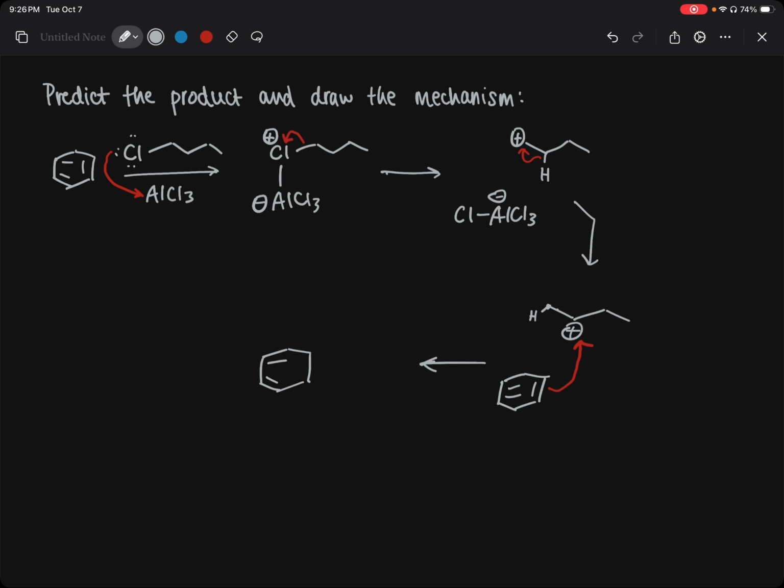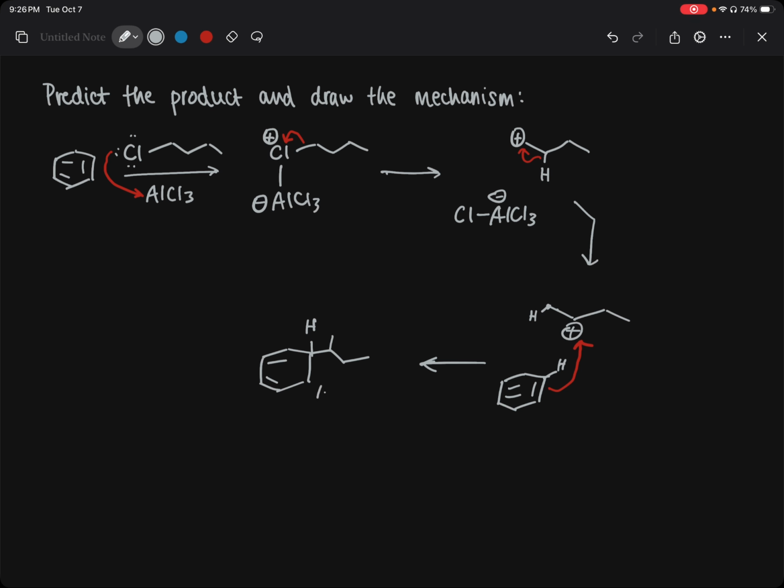Okay, so those 2 double bonds stay the same. We've got a hydrogen that's there, and in fact, that hydrogen was in the benzene ring to begin with. And now we formed a carbon-carbon bond between this carbon and what used to be our carbocation, but now it's just an alkyl fragment with 4 carbons like that.